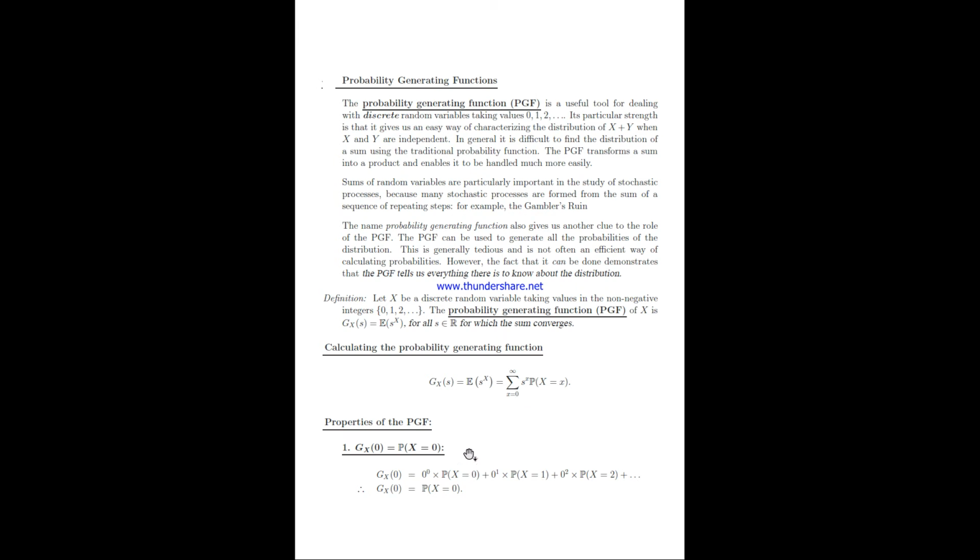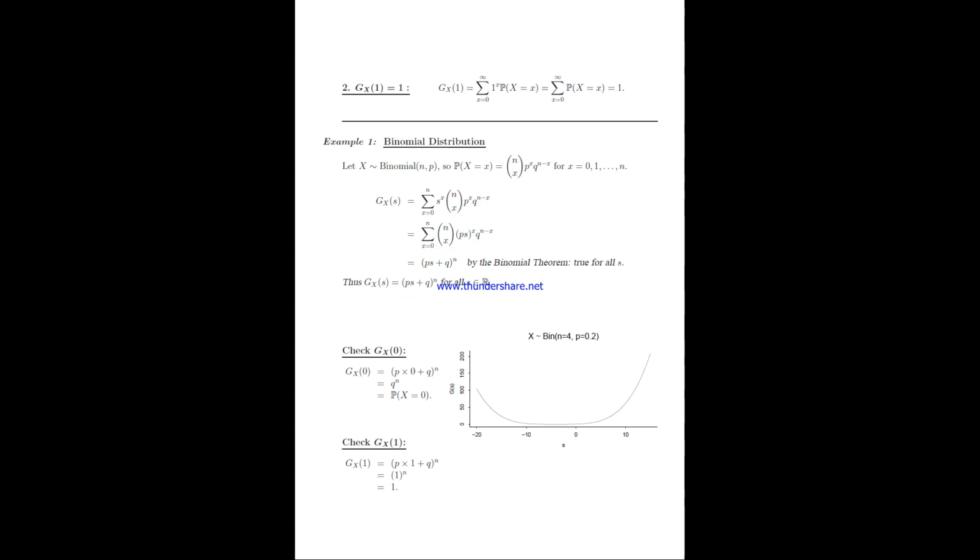So you are left with only the probability terms: probability X equals 0 plus probability X equals 1 plus probability X equals 2, and so on. In other words, you are taking the summation of all the possible probabilities of that random variable, and we know that should add up to 1.